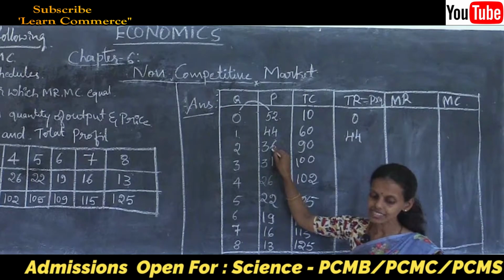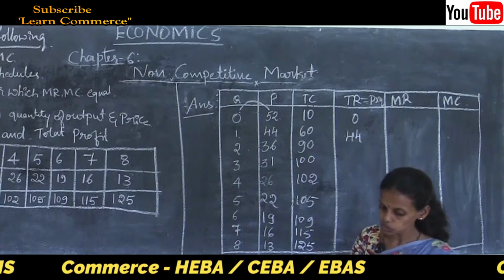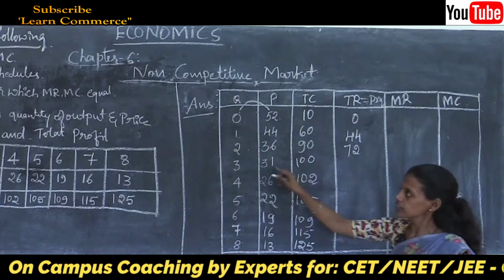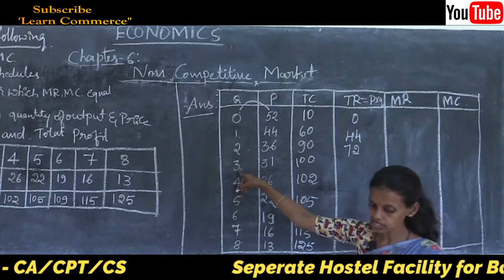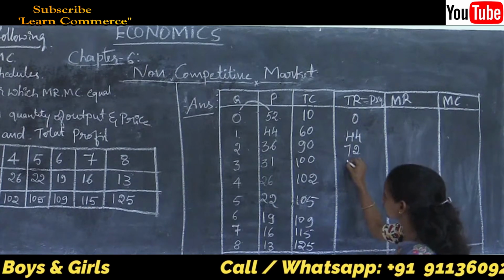Then 36 into 2 is 72. Again 31 into 3 is 93.